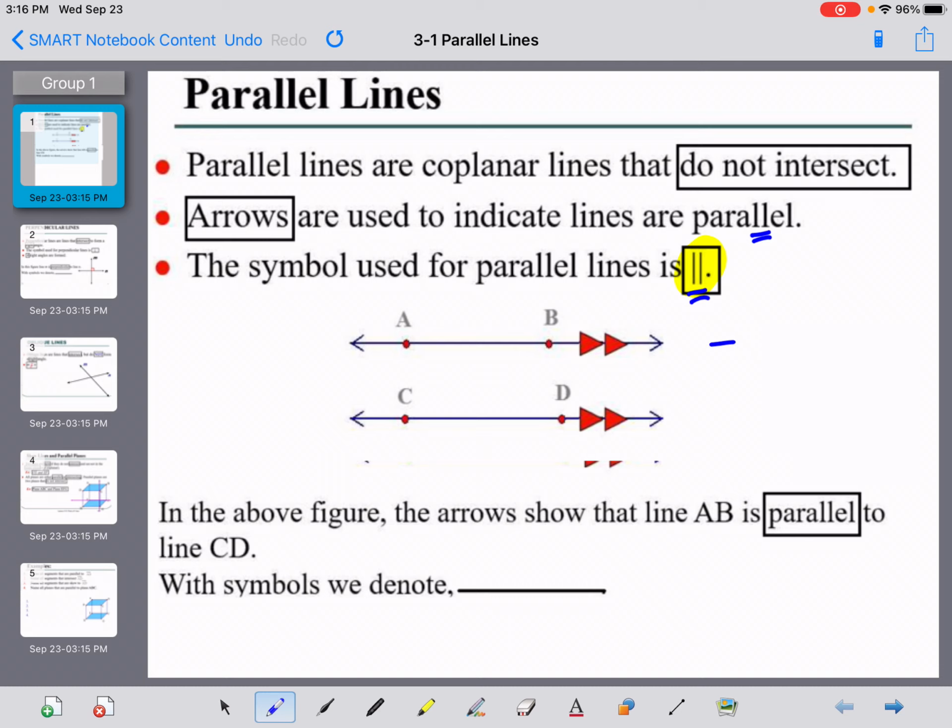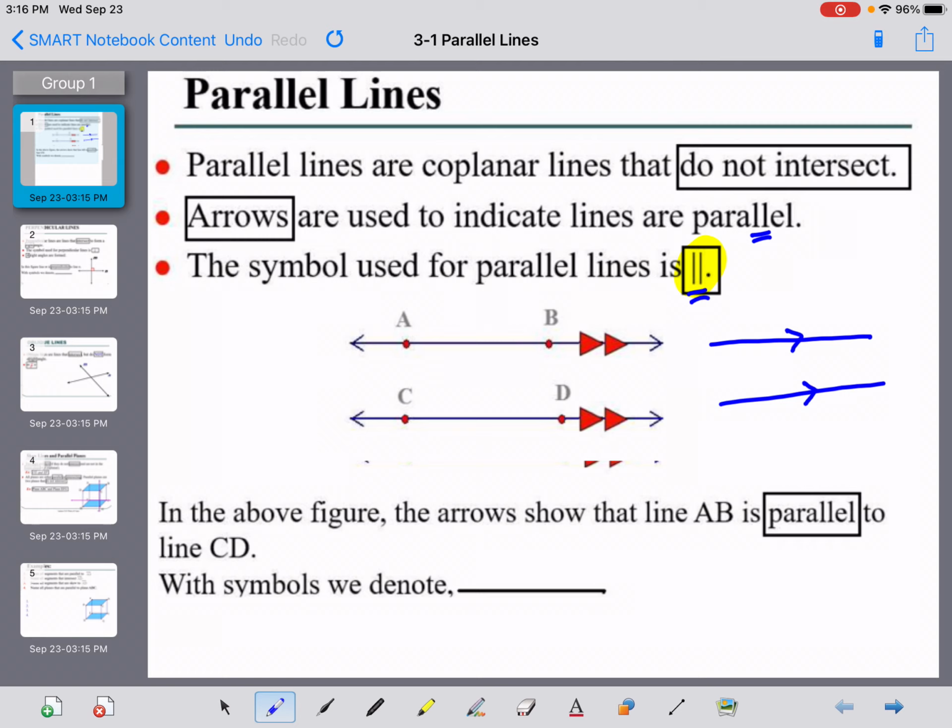Now, when I draw arrows on a shape to show that the lines are parallel, here's what my little arrows are going to look like. They're not going to be quite as detailed as these little red triangles on the arrows that you see. So if we're looking at the above figure, the arrows show that line AB is parallel to line CD.